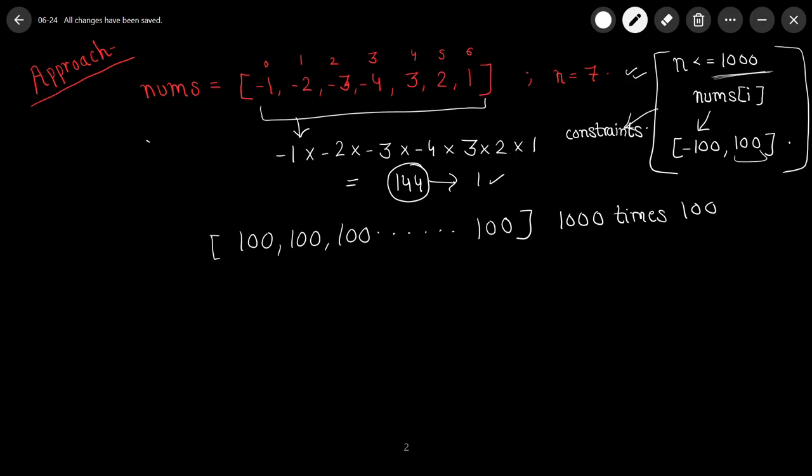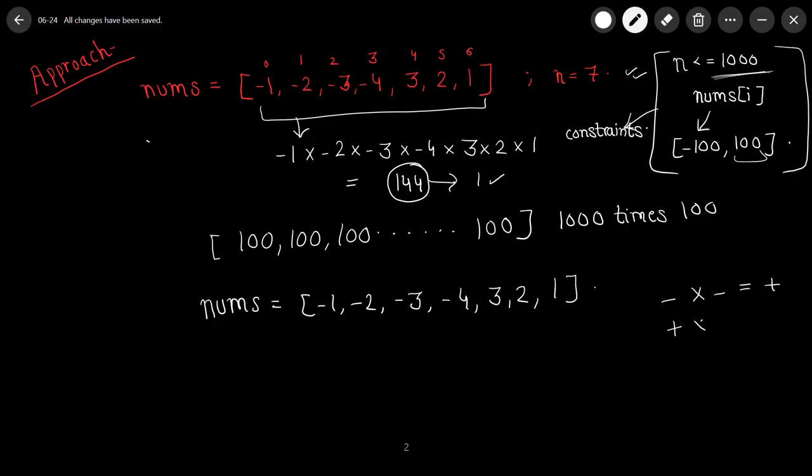See, let me write the array again. So it's minus 1, minus 2, minus 3, minus 4, 3, 2, and 1, right? So we know when a negative element is multiplied with another negative, we get a positive value.